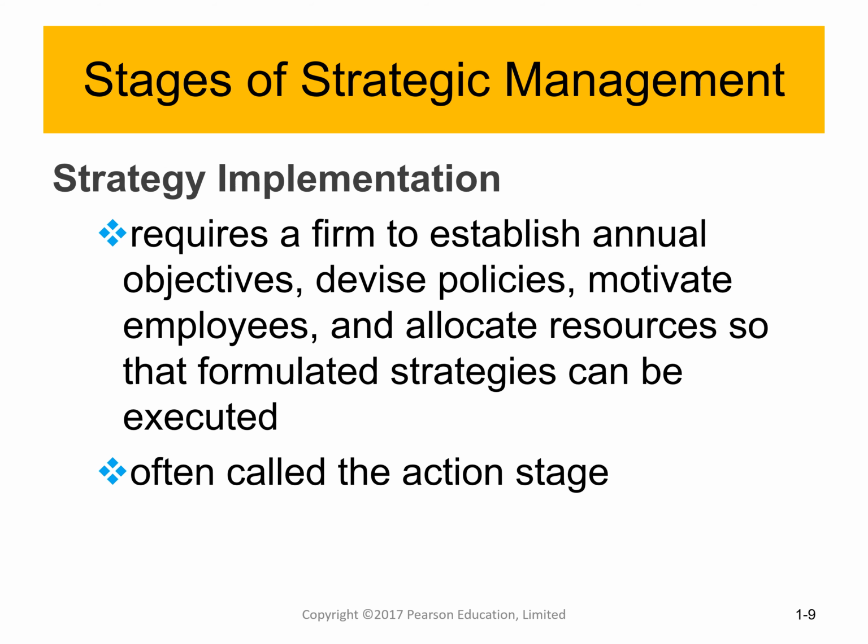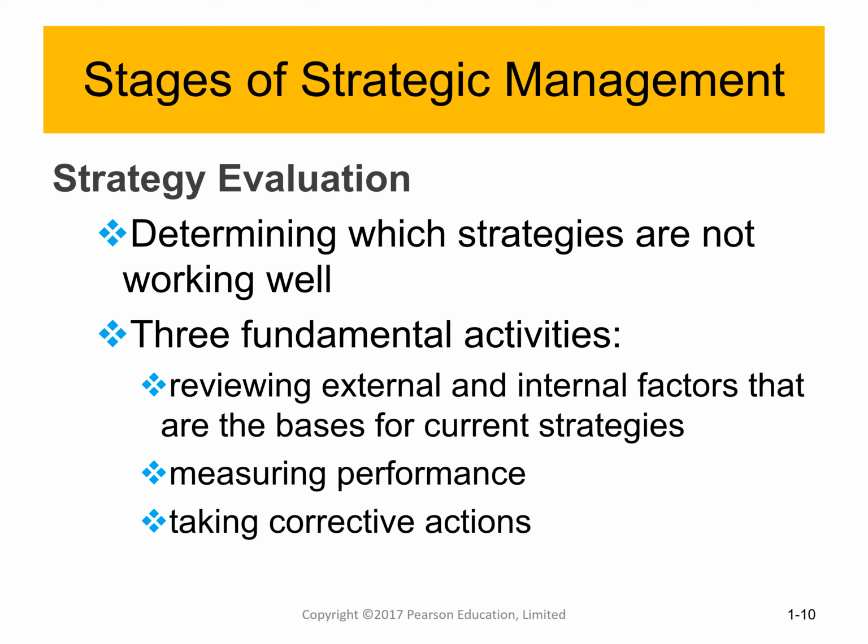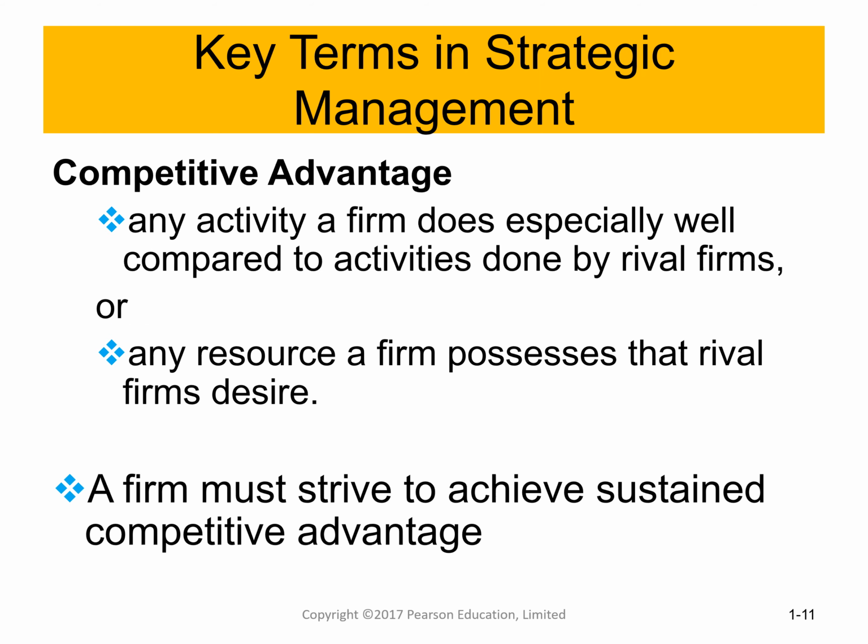Now, at the strategy evaluation stage, the focus is to identify if the strategies that were put into action are working well for the organization. Here they are looking at the results. They are evaluating the results to see whether any form of corrective action needs to be taken.